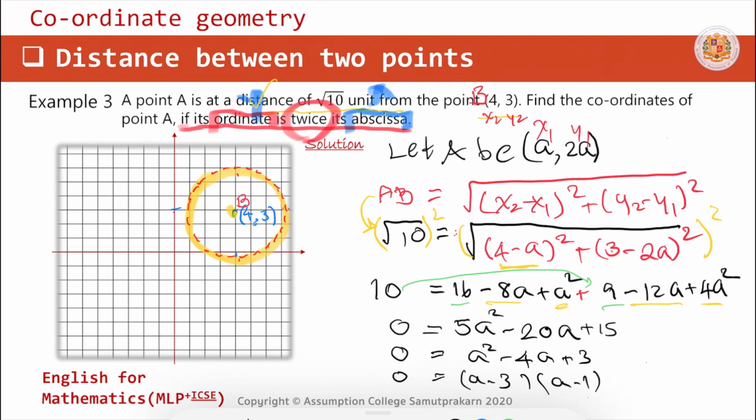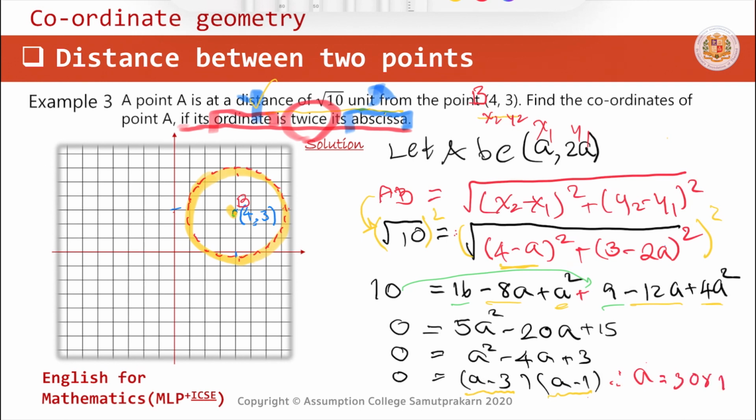You use the zero product. So you're going to get a minus 3 equal to 0, otherwise, a minus 1 equal to 0. So that makes a equal to 3 or 1.